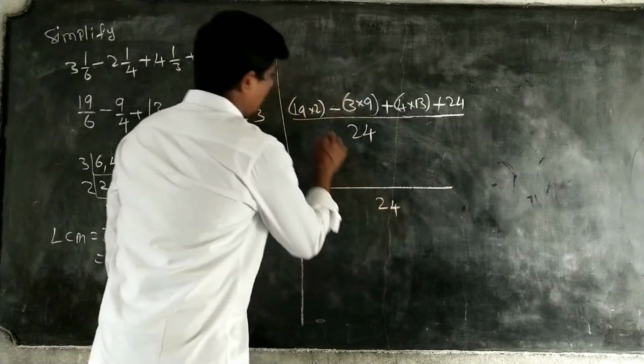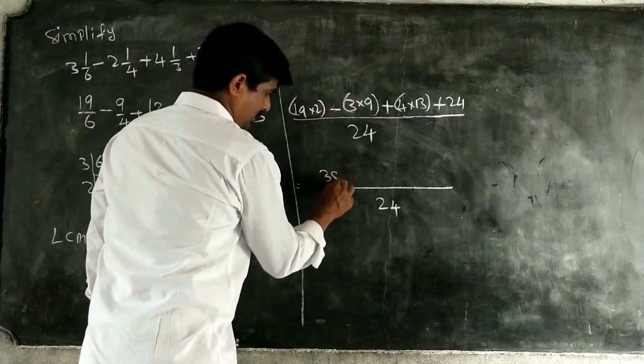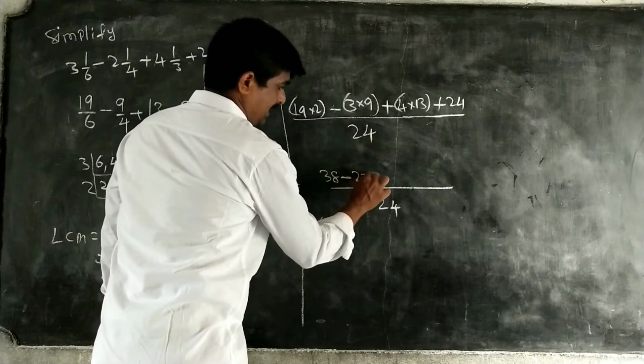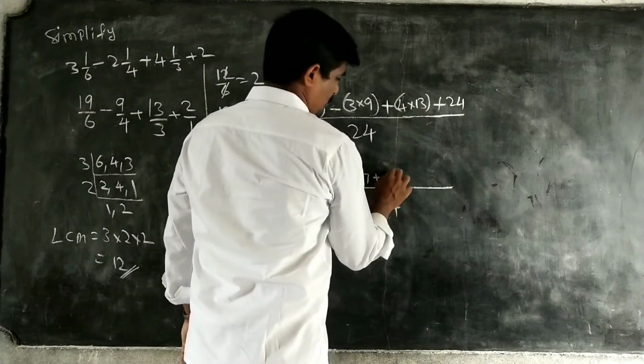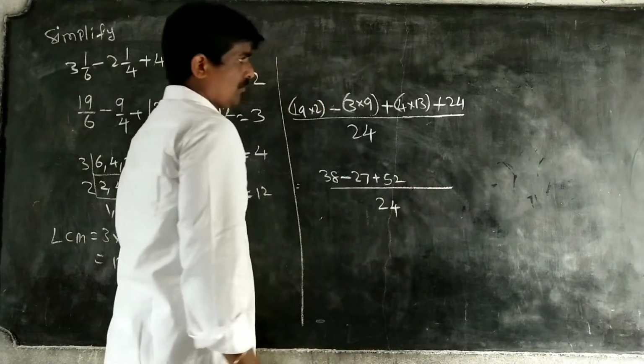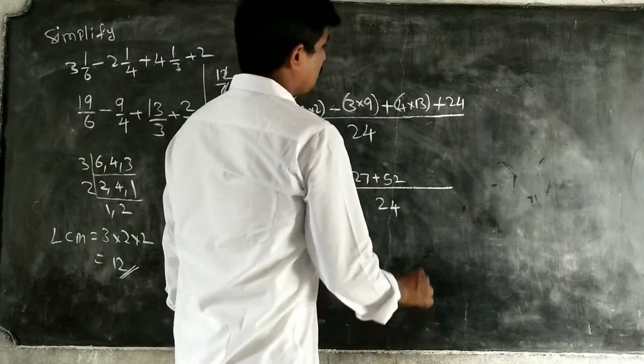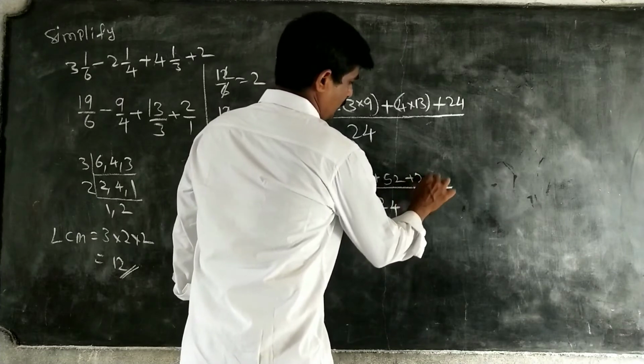I am writing 19 2s are 38 minus 27 plus 13 4s are 52 plus 24.